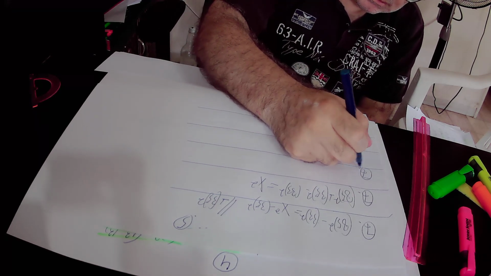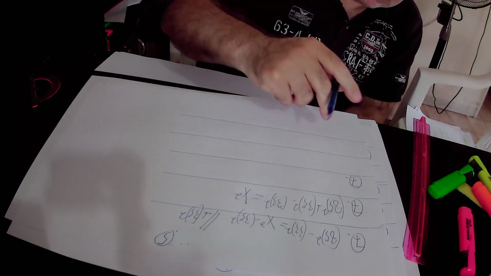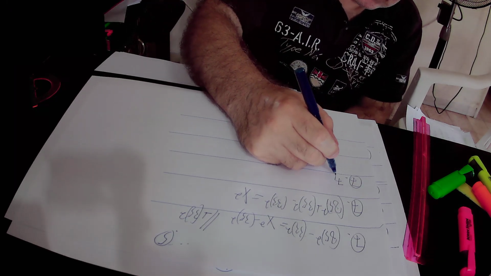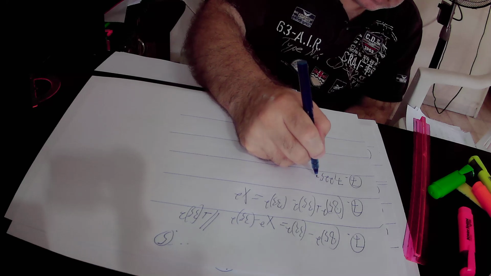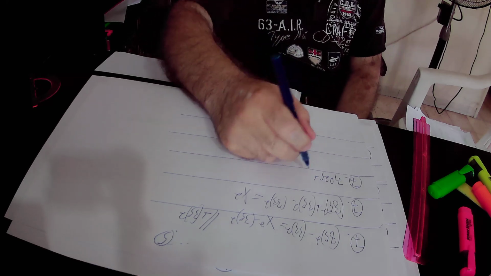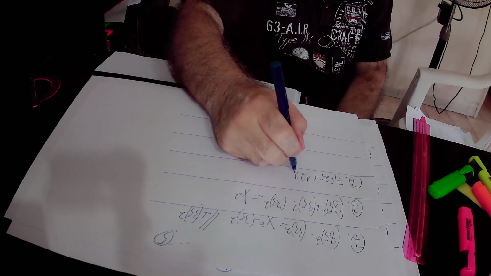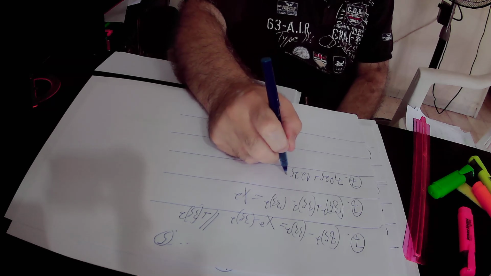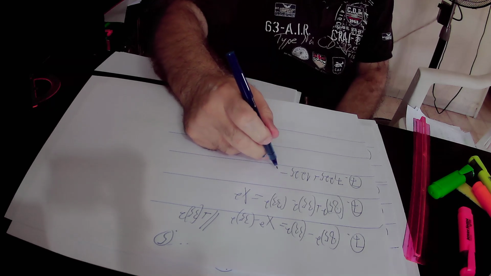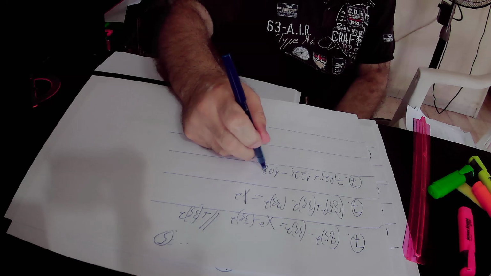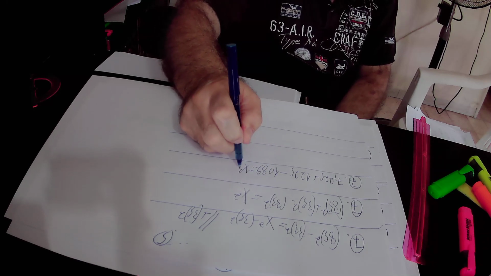So here 85 squared is 7,225 plus 35 squared, which is 1,225, minus 33 squared, which is minus 1,089, that is equal to x squared.